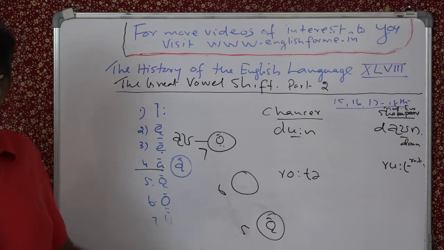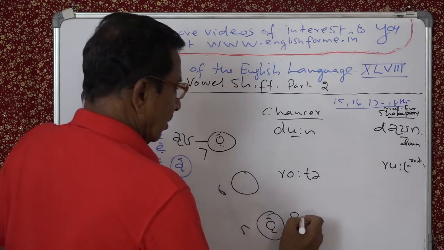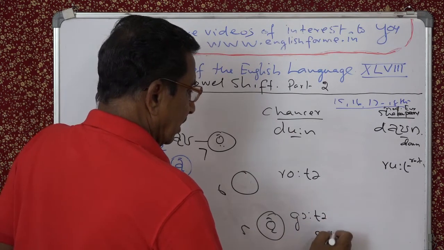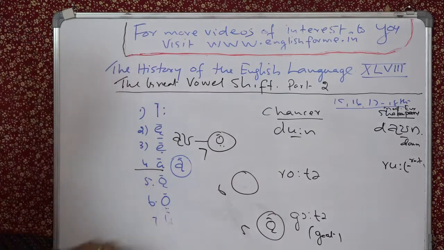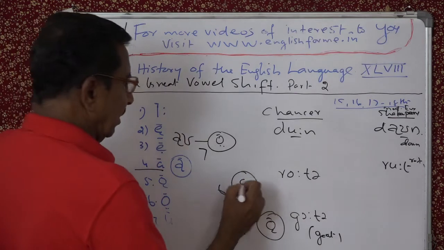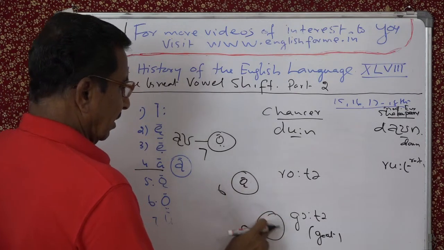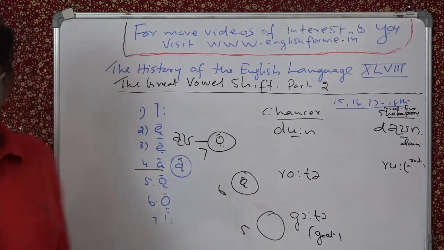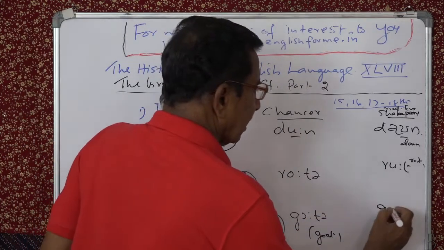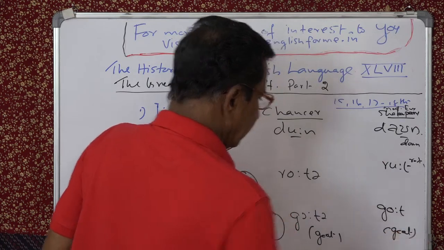So the example is goat, that is G-O-A-T, that is Chaucer's pronunciation. And then when it comes to Shakespeare, that is normal here. 5 had taken the position of 6 and it is goat, that is G-O-A-T.